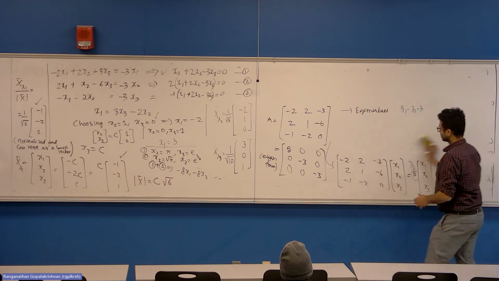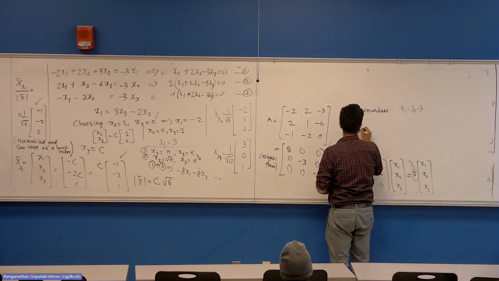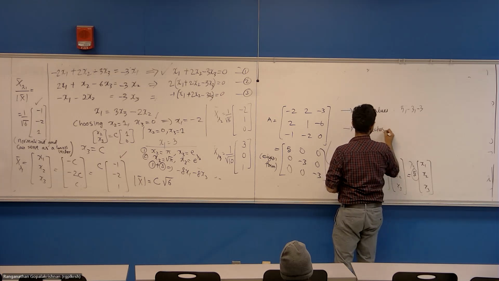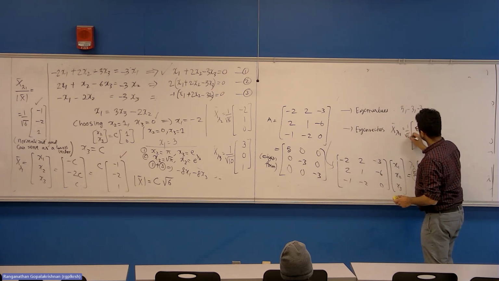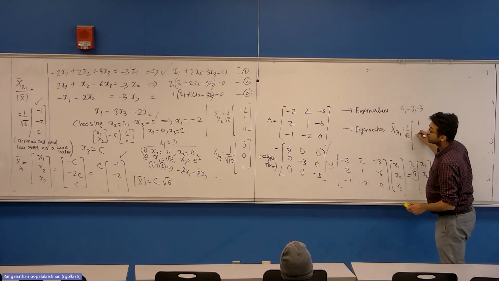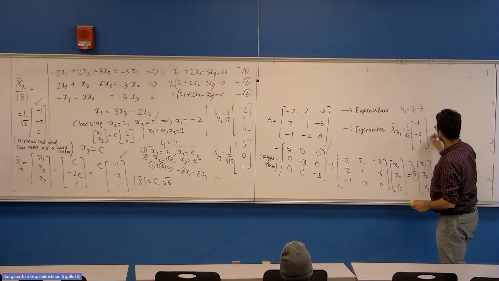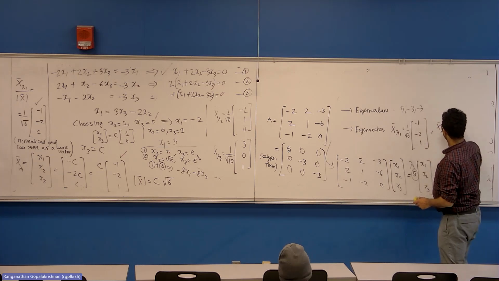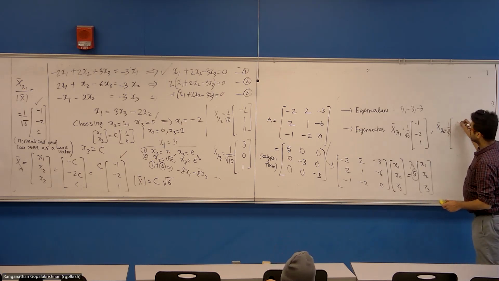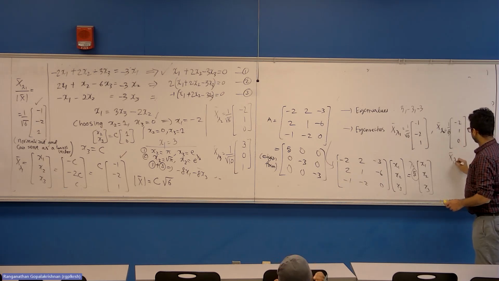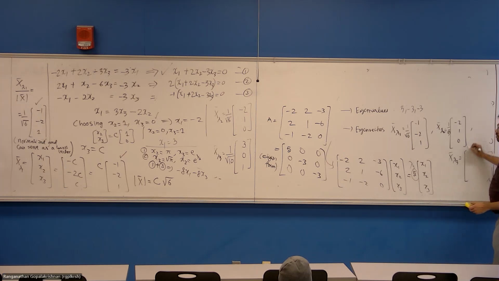And what are the eigenvectors? Eigenvectors are: x for lambda 1 is equal to 1 over square root of 6 times (minus 1, minus 2, 1); x for lambda 2 is equal to 1 over square root of 5 times (minus 2, 1, 0); and x corresponding to lambda 3 is 1 over square root of 10 times (3, 0, 1).